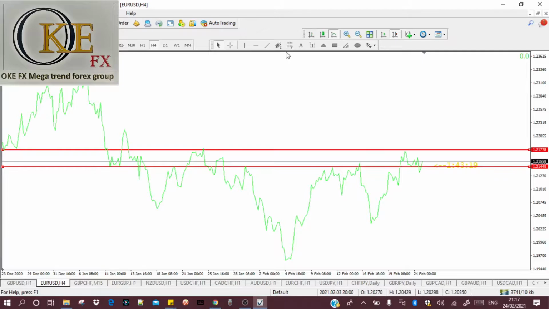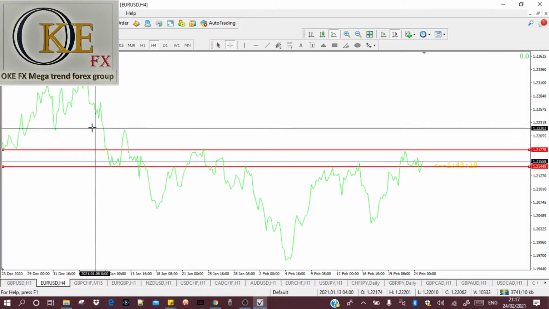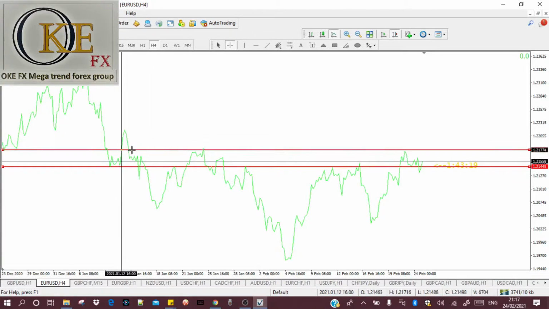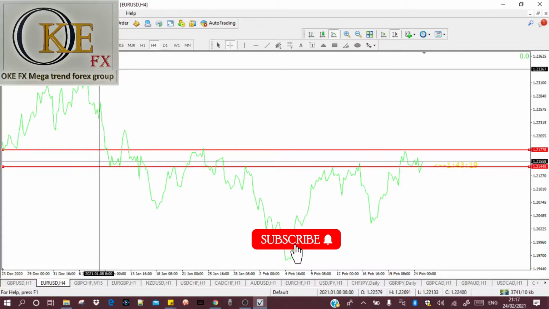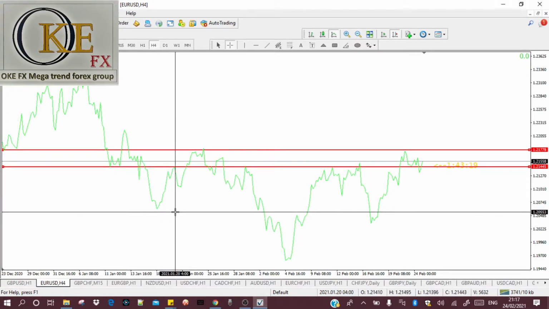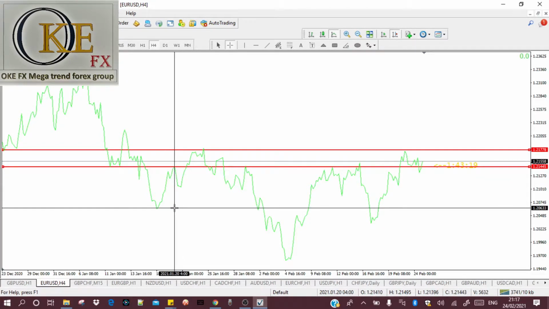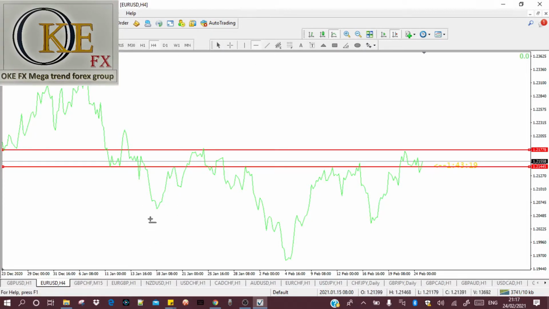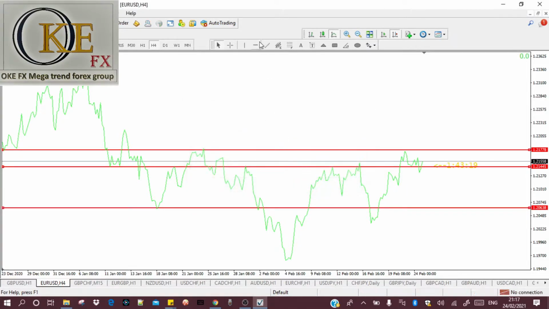Are you getting it? Every peak of this line is a resistance, or every trough of this line is a support. And clearly I can mark these things out. Notice this. Notice here.